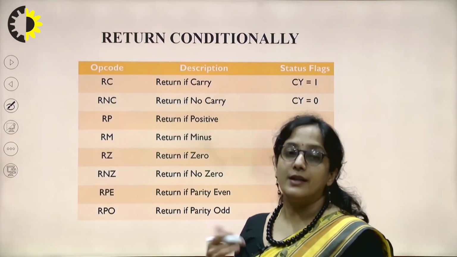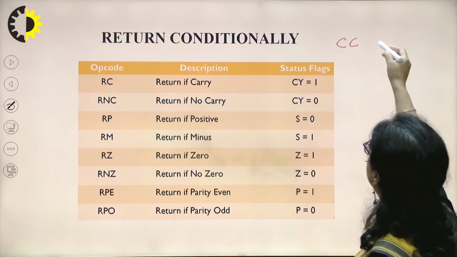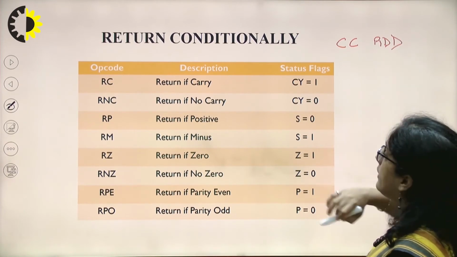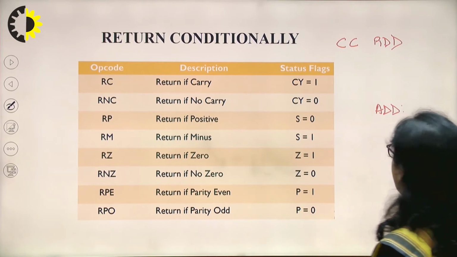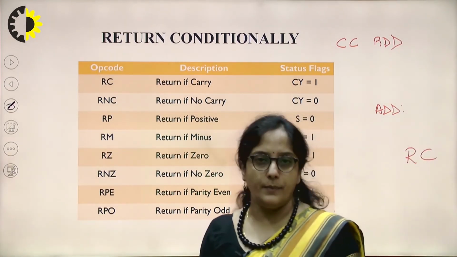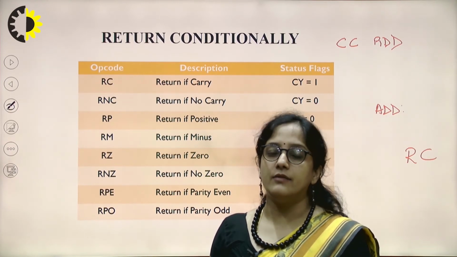In case of conditional return, if I am using CC in my main program to call a subroutine, then that subroutine must be ended by RC or RNC or any other, depending on the programmer, but it has to be written with a condition.